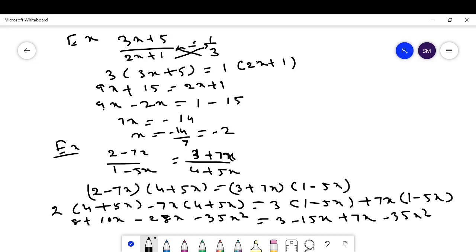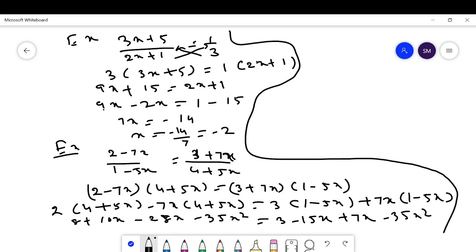Here minus 35x square. Bring all the terms to the left side. 8 plus 10x minus 28x minus 18x minus 35x square. Here 3 minus 3 minus 15 plus 7 minus 8x.